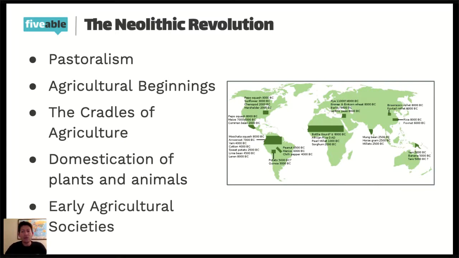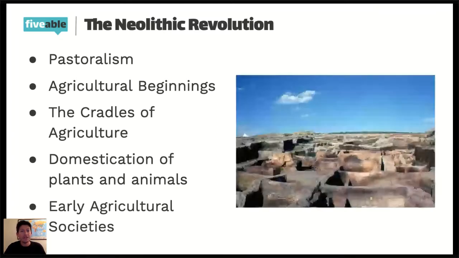The first agricultural societies really developed out of necessity. This image that you're going to see here is of Çatalhöyük in Anatolia, which we actually had seen on the map a little ways back. So agricultural communities had to cooperate.